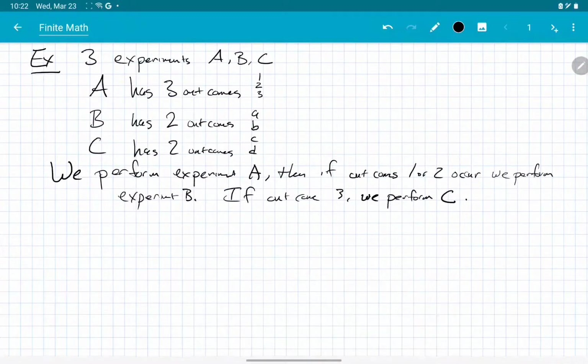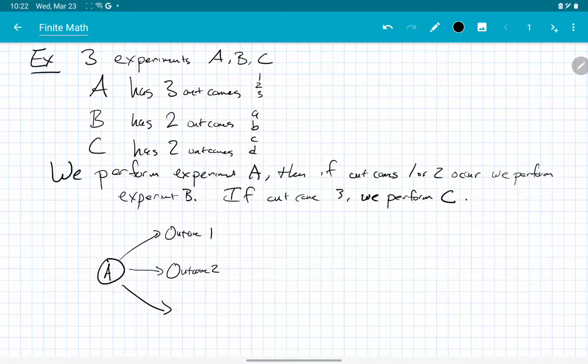Okay. And the way we want to think about this is the following thing called a tree diagram. So we will have experiment A, and then we have outcome 1. We have outcome 2, which is also possible, and we have outcome 3.